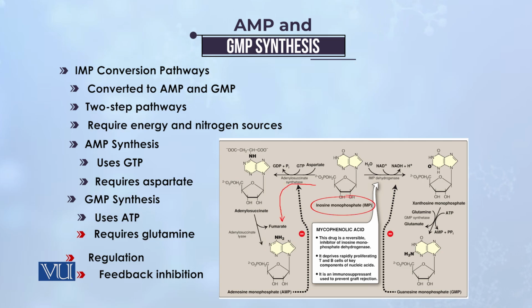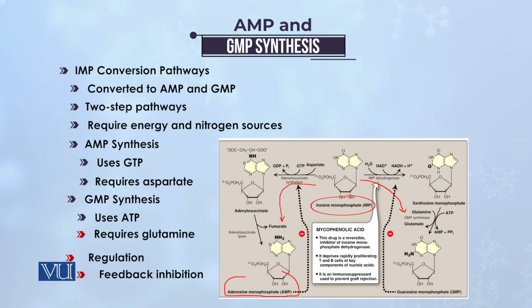It can be converted into AMP, and it can also be converted into GMP, the two major purine nucleotides. You can see that AMP synthesis requires GTP, while GMP synthesis requires ATP.